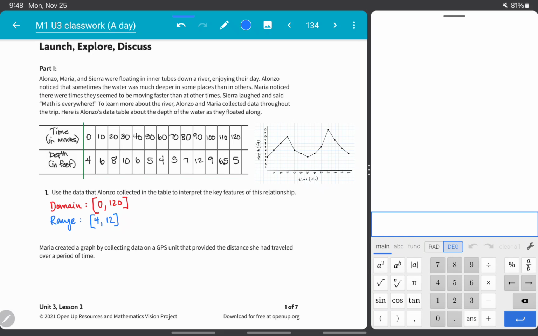There could be places where the depth is greater than 12 or less than 4 because they weren't collecting it at every single moment along the journey. They were only collecting it at specific points. So the table is going to give us a pretty good picture, but you can't rely on it as being 100% accurate, at least not in this situation. So we're going to put a little star here.